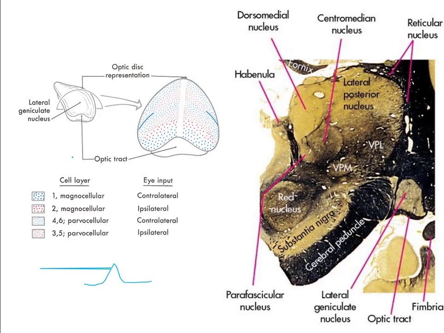But they will be from a point in space. If you move the source, you'd have to find a different spot in the geniculate to get the information from one eye and then the other and back and forth and so on.